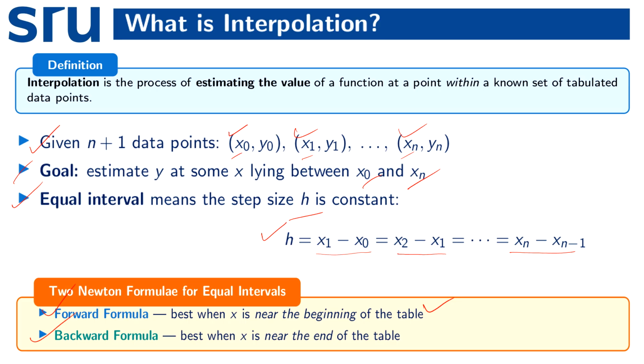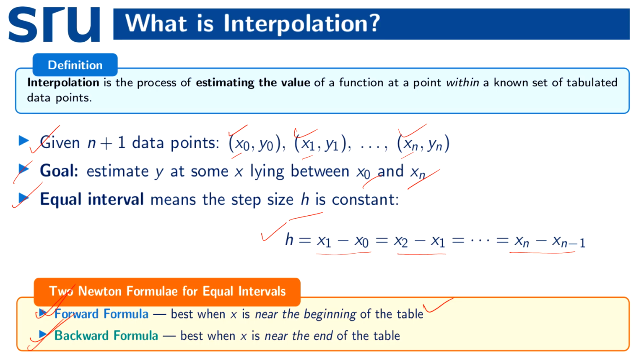To summarize, interpolation helps us estimate unknown values within known data. We use n plus 1 data points. Our main goal is to find a value between given points only. When intervals are equal, step size h is constant. There are two main methods, forward and backward interpolation formulae.